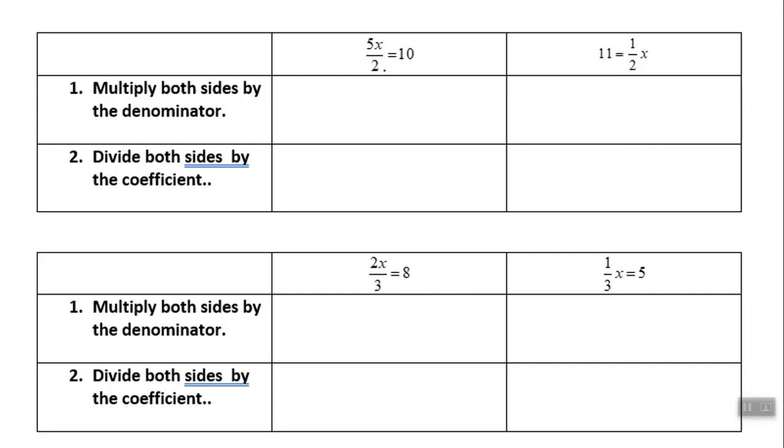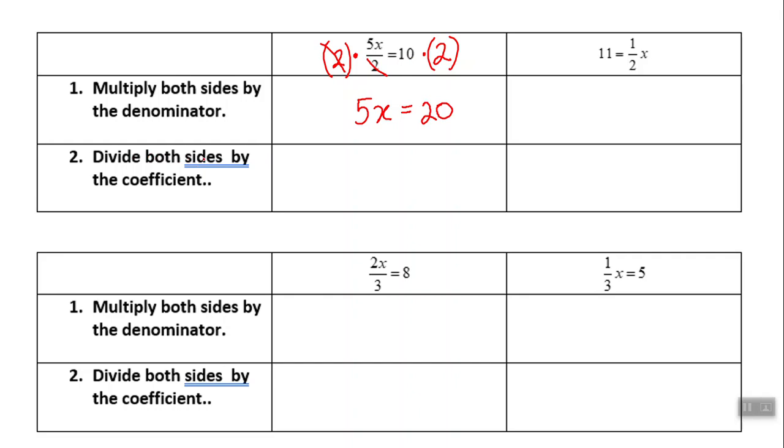Here 2 is the denominator, so you have to multiply both sides by 2. Or you can put parentheses here. Then 2 and 2 will be cancelled because you multiply by 2, you divide by 2. So you will have 5x left. And then 10 times 2 is 20.